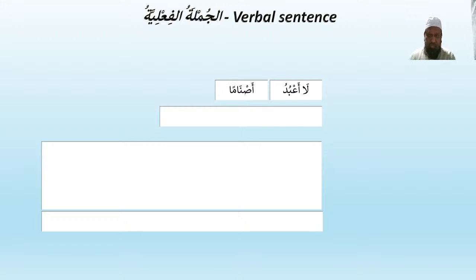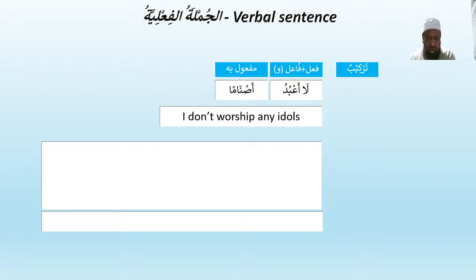I don't worship what? أصناما. أصنام is the plural of صنم, صاد نون ميم, صنم, جمع أصنام, idols. لا أعبد. Again, here the I is the فاعل. أصناما مفعول به. I don't worship any idol.